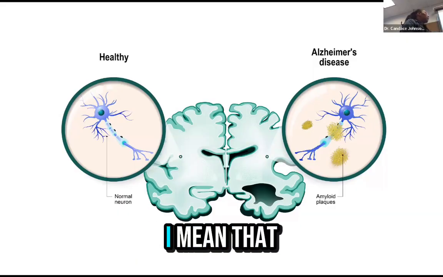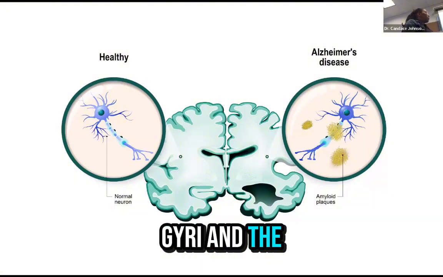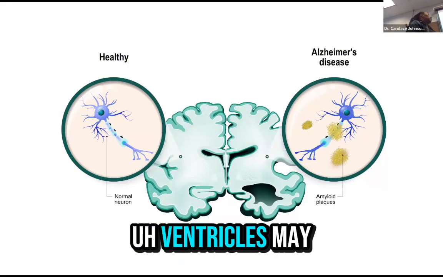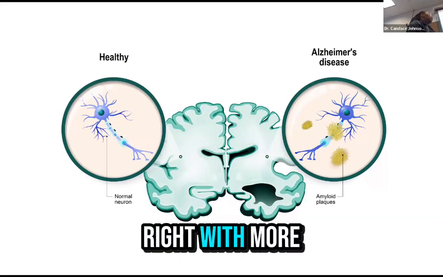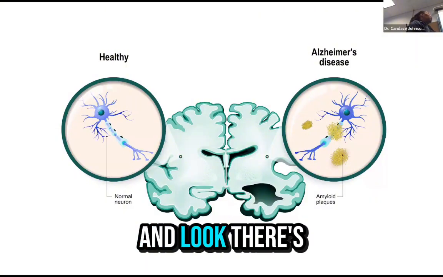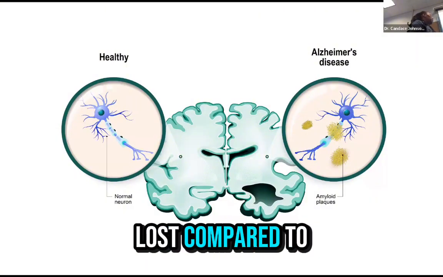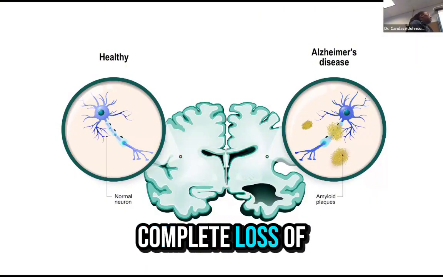By atrophied, I mean that it's reduced in size in the gyri and the sulci. You will see some reduction in size. Ventricles may be larger, with more space in them. And look, there's complete atrophy here, complete loss of brain compared to that side of the brain.